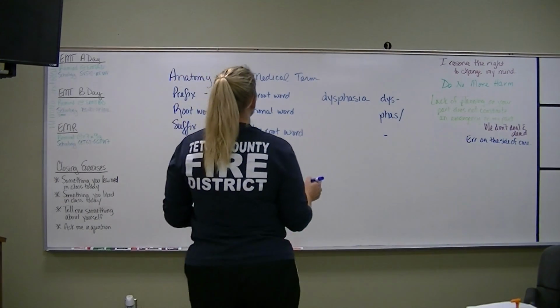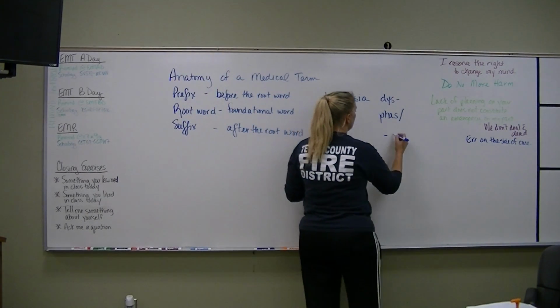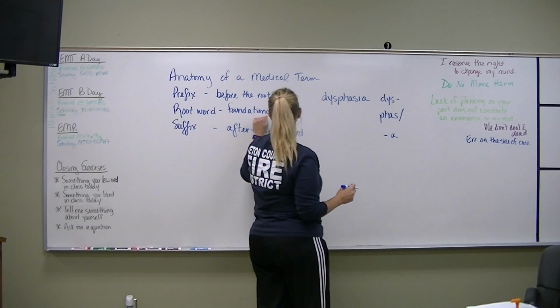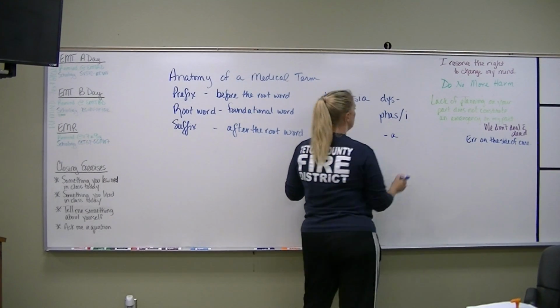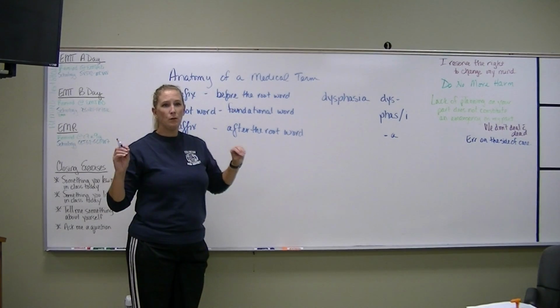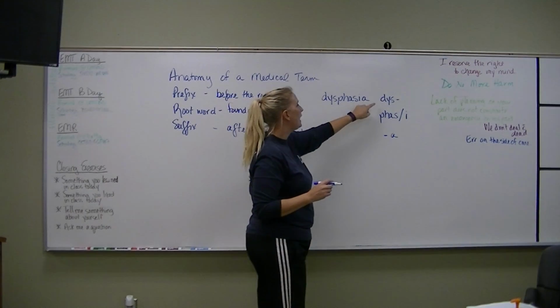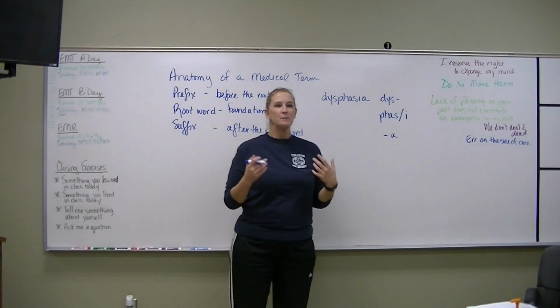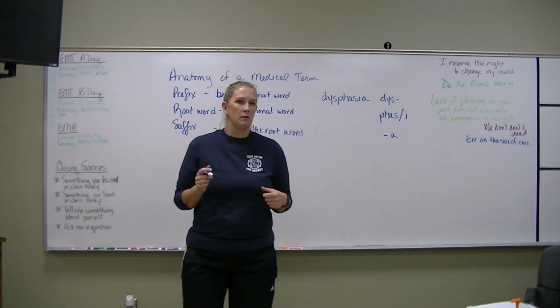So, if we were to do our root word with its combining vowel, that's what it would look like. When you look at medical terminology in your book, you're going to be able to tell what a prefix, a suffix, the root, and the combining vowel are just by how they look in the textbook.